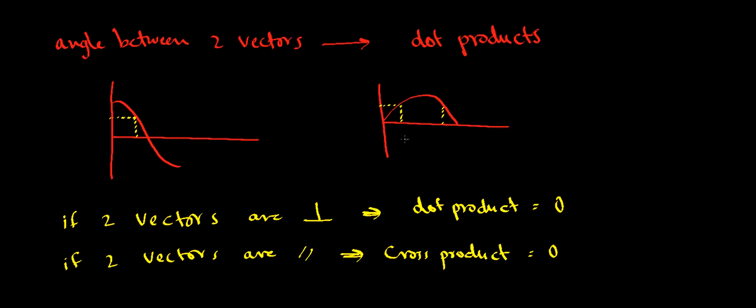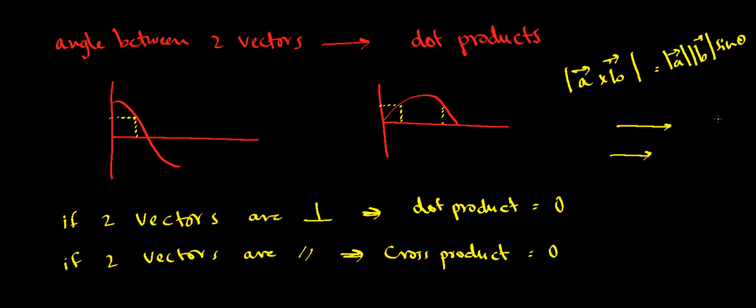And again, the cross product is only equal to 0 when the angle is either 0 or 180 degrees. Remember, the magnitude of A cross B is equal to the magnitude of A times the magnitude of B times sine theta. So if two vectors are parallel, like this, the angle between them is either 0 or 180 degrees. And sine 0 is equal to 0, sine 180 is 0. So if two vectors are parallel, their cross product is equal to 0.